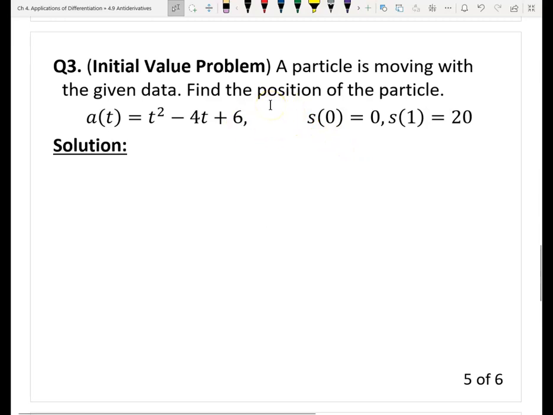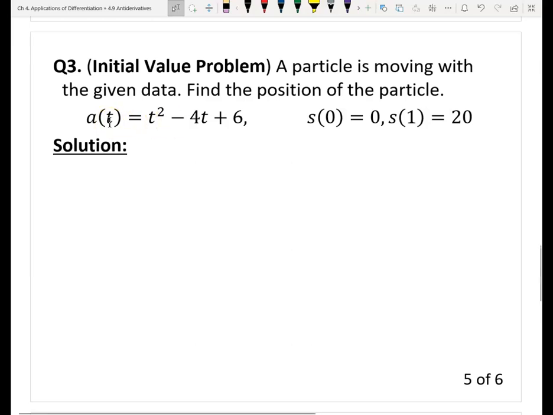Do you remember in the differentiation rules, if we know the position function, we can find the acceleration? How? Take the derivative of the position function s, we get the velocity function v. Do you remember that? And then take the derivative of the velocity function v, we get the acceleration, right?